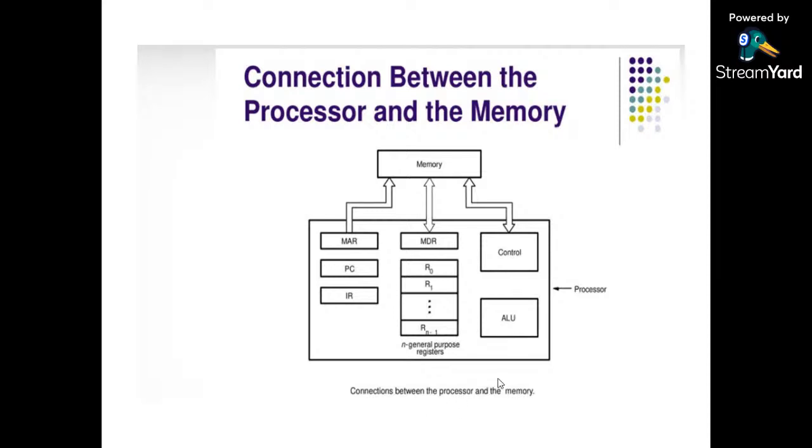Then there is a set of general purpose registers present within the processor. These general purpose registers are numbered from R0 to Rn minus 1. Basically, there are n general purpose registers present in the CPU or processor.